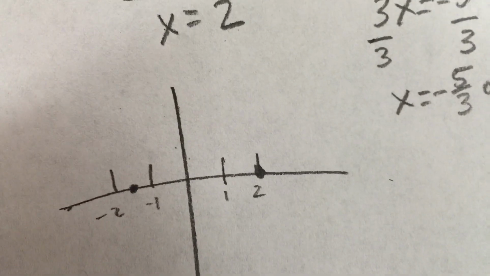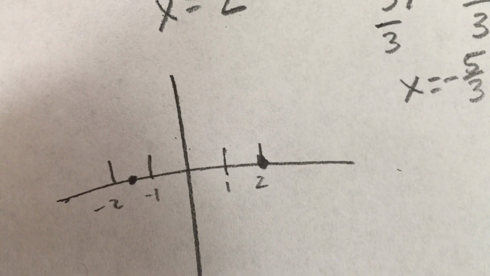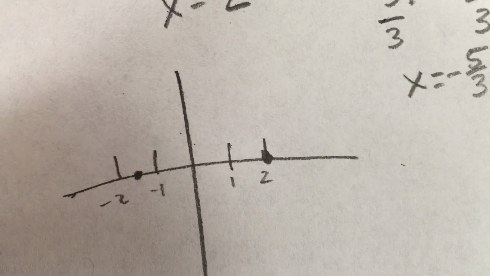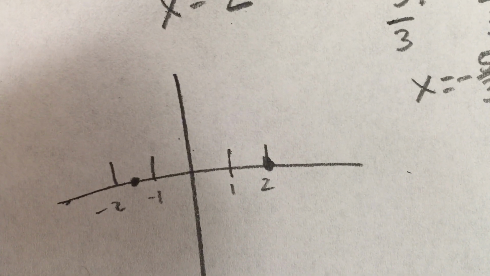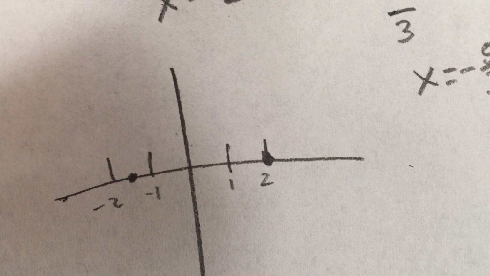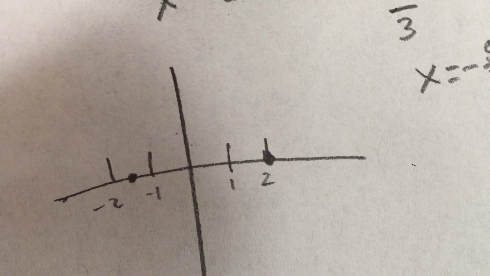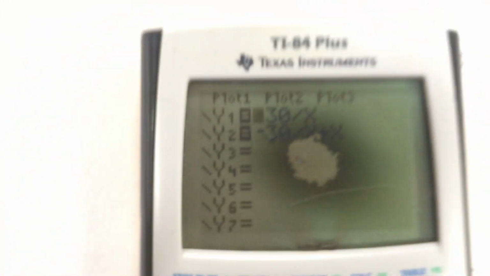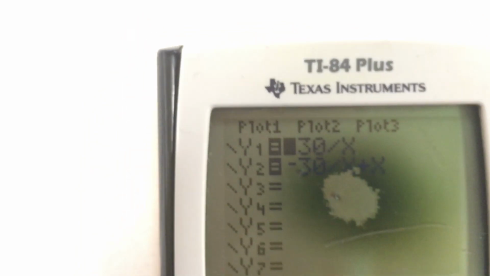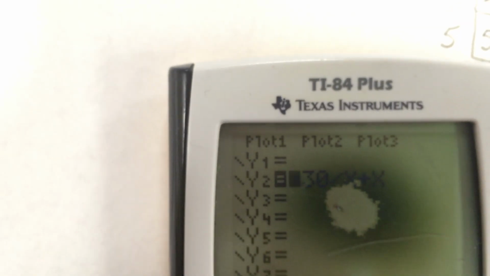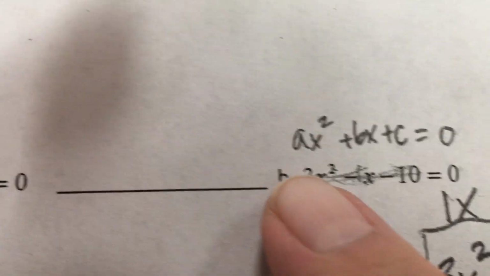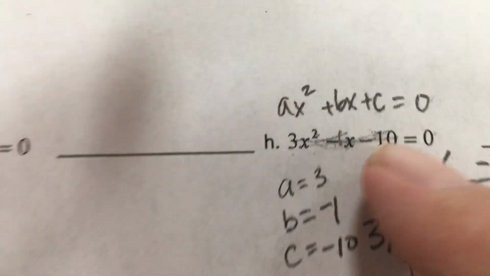And then if I go and look at my calculator again, I can check and make sure I'm doing this right. I'm going to clear these. I'm going to put in the original equation. So 3x squared minus x minus 10.